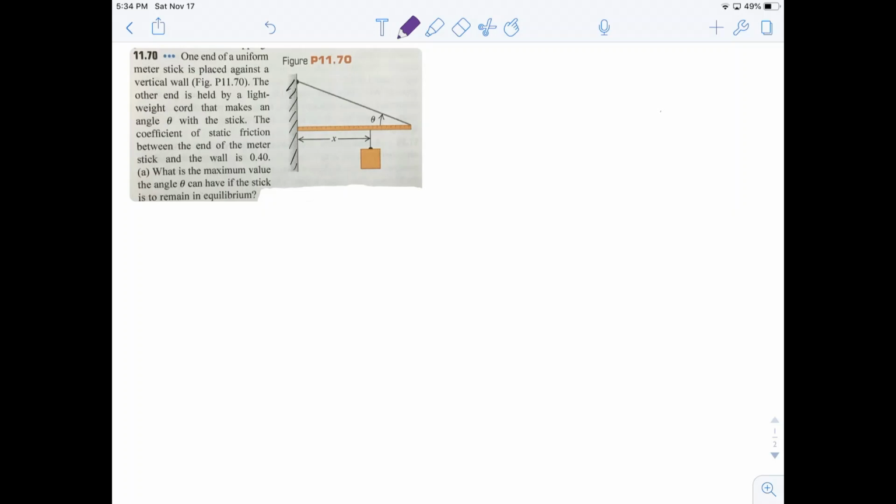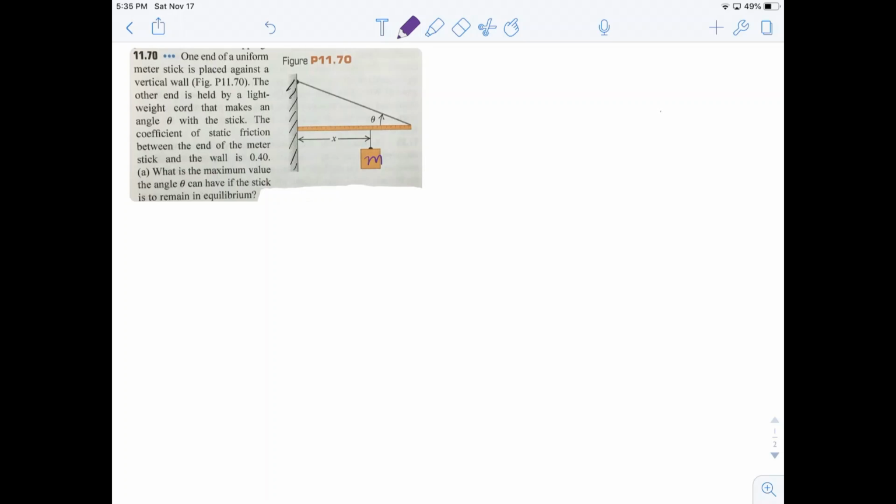Also on the stick there's a little mass m hanging x meters away from the wall. The coefficient of static friction between the end of the meter stick and the wall is 0.4.